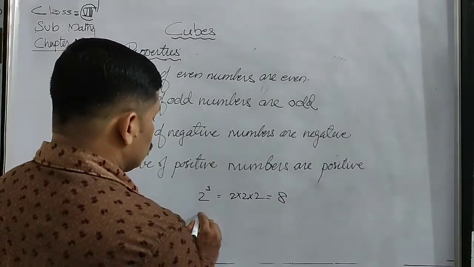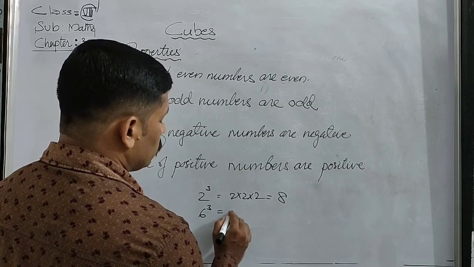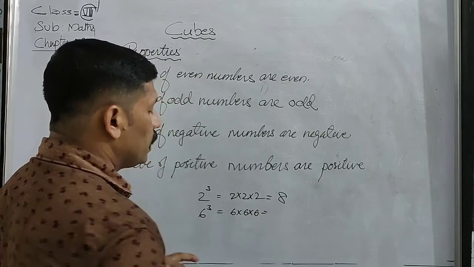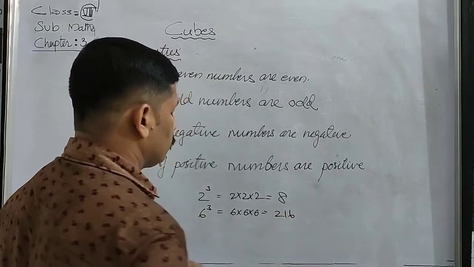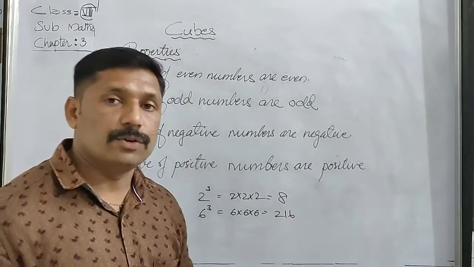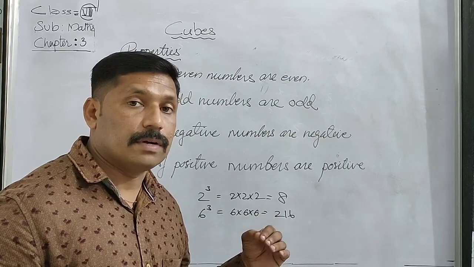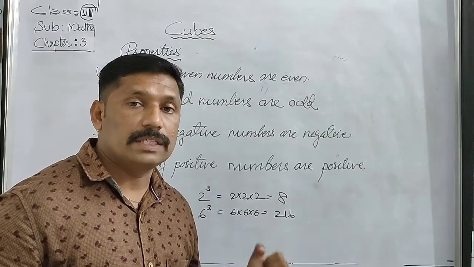And if you take 6 cube, 6 6s are 36, 36 6s are 216. This 216 is also an even number. So from this we can understand one point that cube of even numbers are always even.